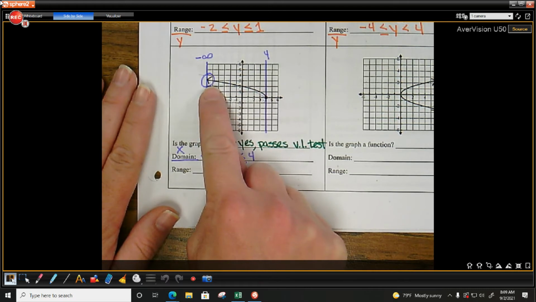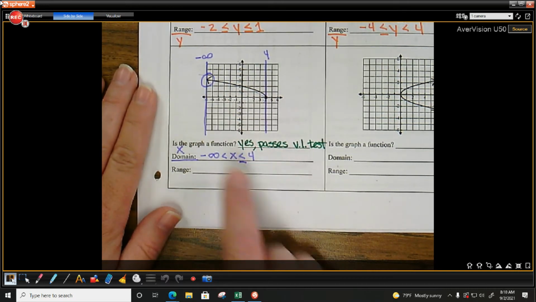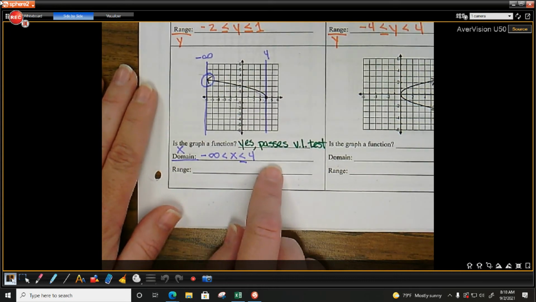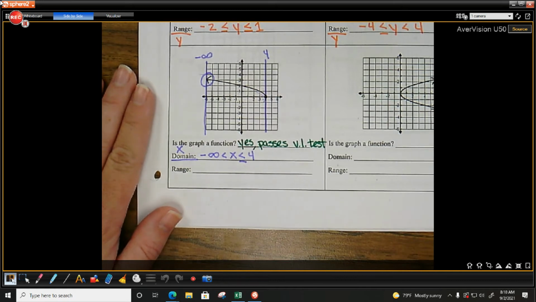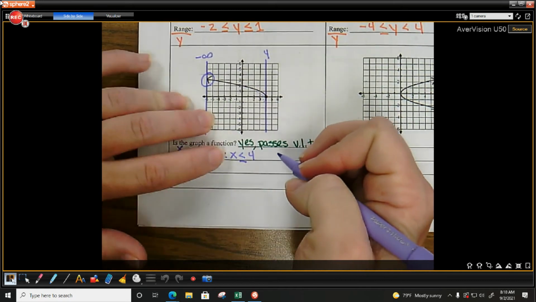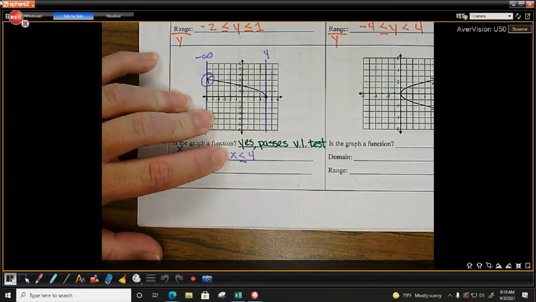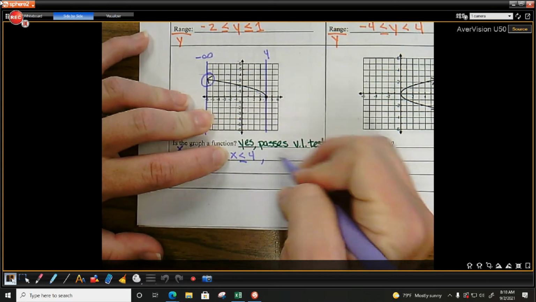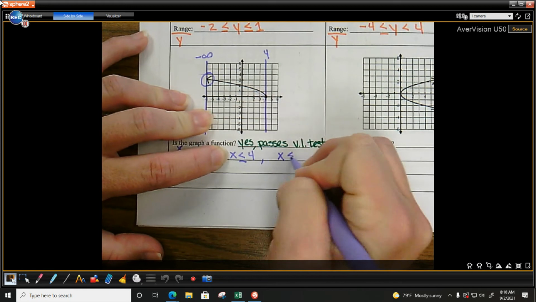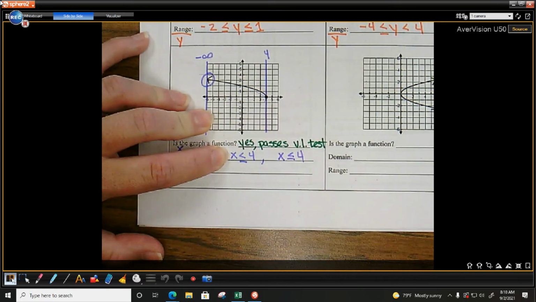Is this an acceptable way to write it? Yes, you can see it like this. But also, another way you could write it is I don't have the infinity. I just have one bound. It has to be less than or equal to 4. So I also could just write x is less than or equal to 4. Both of these are acceptable answers.